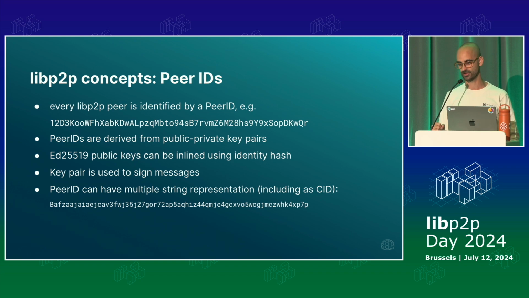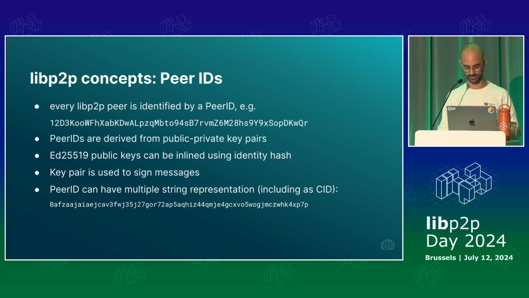And as a CID, I believe that's a base32 CID, and it starts with bafz. Anyways, you can play with this on cid.ipfs.tech. You could switch around the representations, or you can use even the Kubo CLI, or of course do this programmatically.